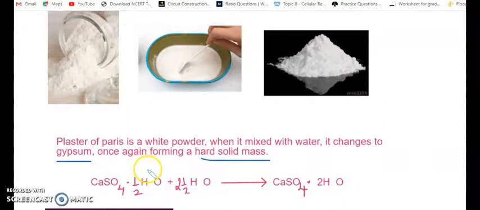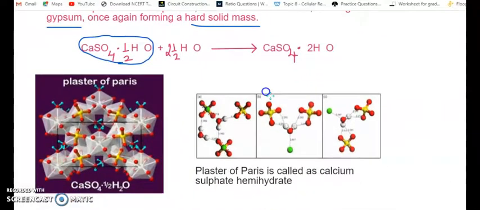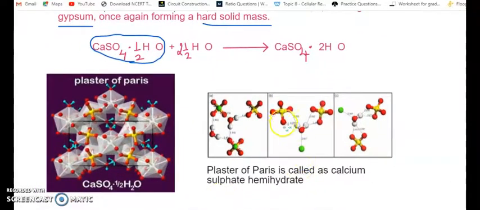Heating gypsum gives us plaster of Paris. Mixing water into plaster of Paris gives back gypsum. Now, calcium sulfate with half a molecule of water, how is it possible? The actual possibility is that two molecules of calcium sulfate, which you can see here, are connected to only one molecule of water.